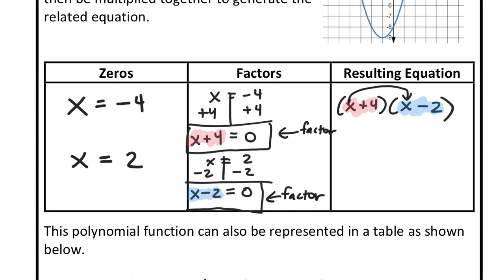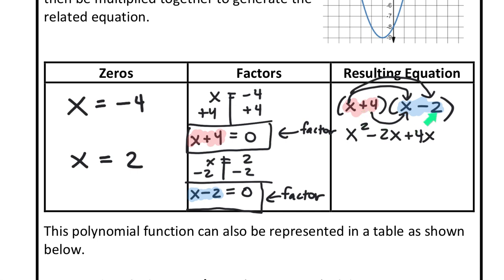So we're doing x times x, and then x times -2. So x times x gives me x squared. X times -2 gives me -2x. 4, sorry, I'm going to write it. 4 times x gives me 4x.